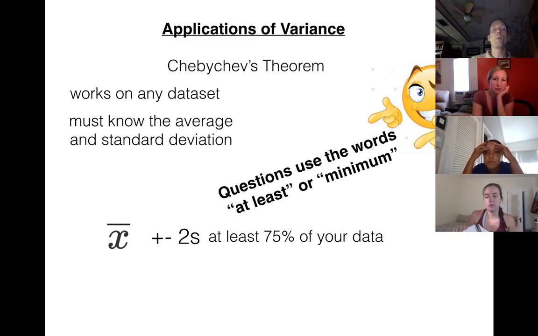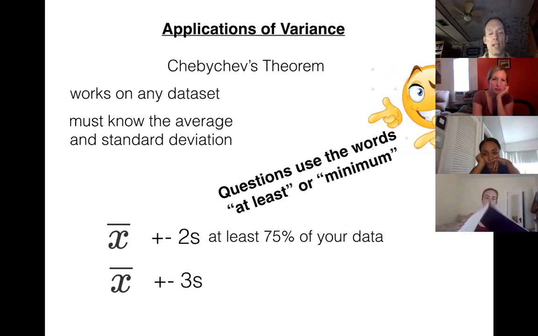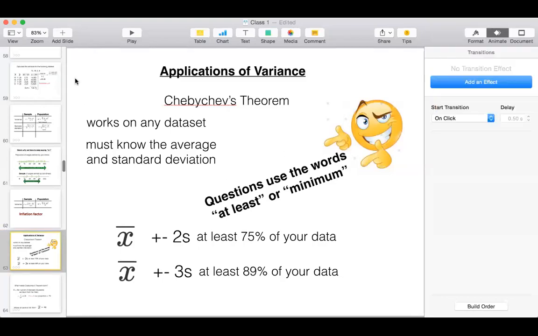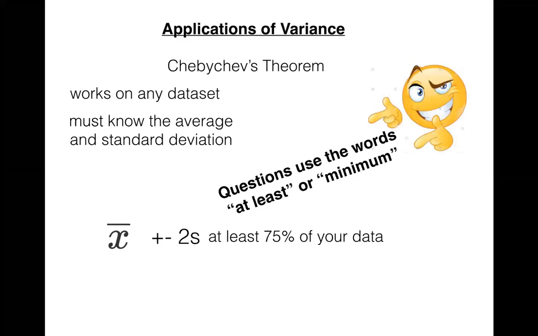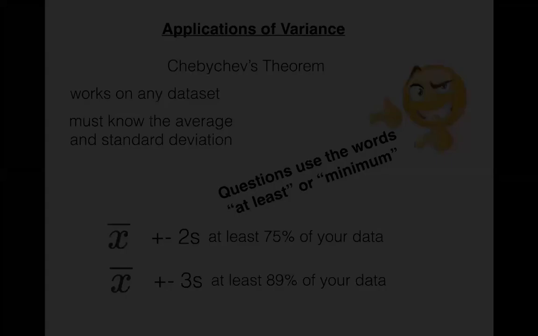Okay, I heard somebody say it would go up, and you're exactly correct, because we're going a further distance away from the average. I have to move some stuff out of the way on the screen because now I can't see anything. Okay, so we would get exactly 89%. Well, whoops, sorry, I misspoke. We'd get at least 89% of the data in the data set if we were to do that.